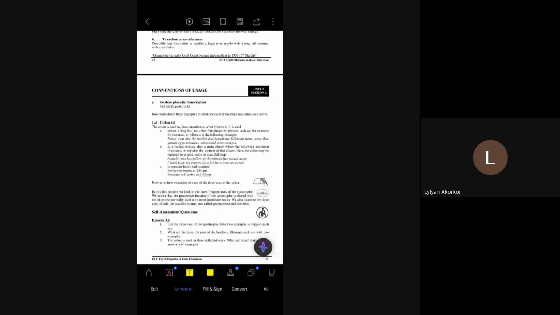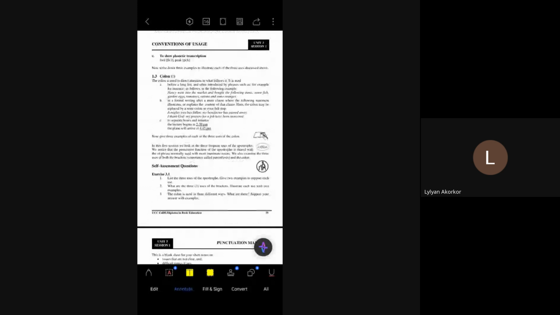So it is used to show abbreviation after full name. After the full name is written, you open the bracket and the abbreviated form is put in it. And the last one is that it is used to show reference in academic writing. Yes, as I said earlier, in academic writing, in your referencing, that is the bracket. Please, any question on the bracket?